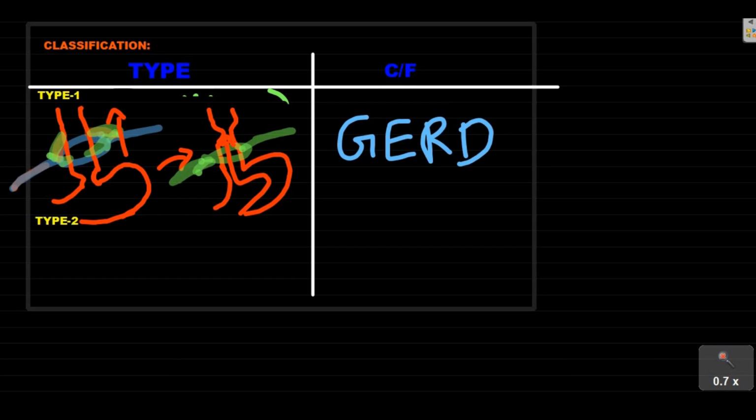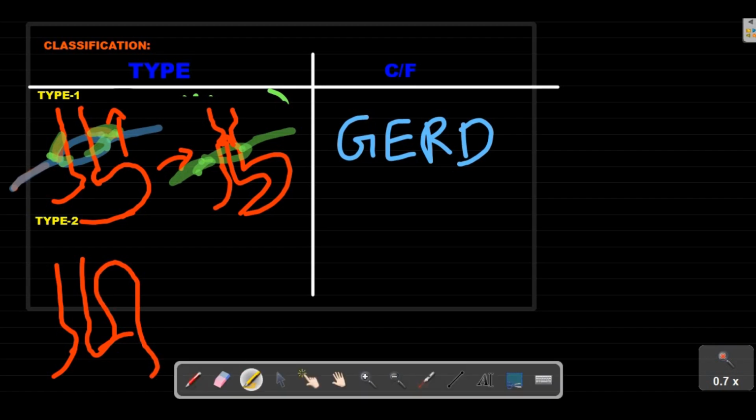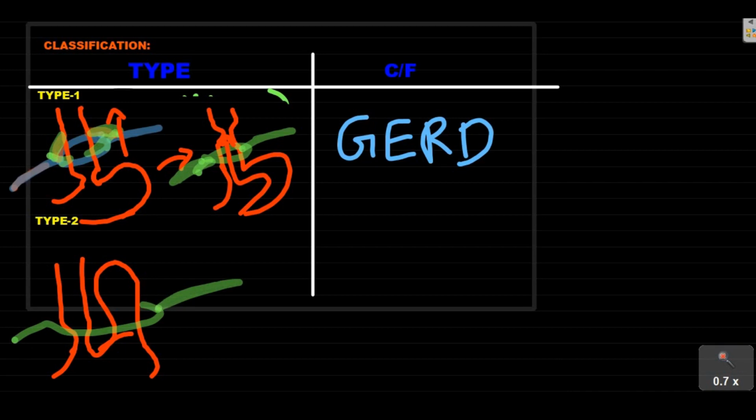Now, in type 2 hiatal hernia, what happens is the gastroesophageal junction is below the diaphragm as it's supposed to be. But now the fundus has managed to protrude out of the hiatus parallel to the esophagus. And since it's parallel to the esophagus, we call such a hernia a paraesophageal hernia.